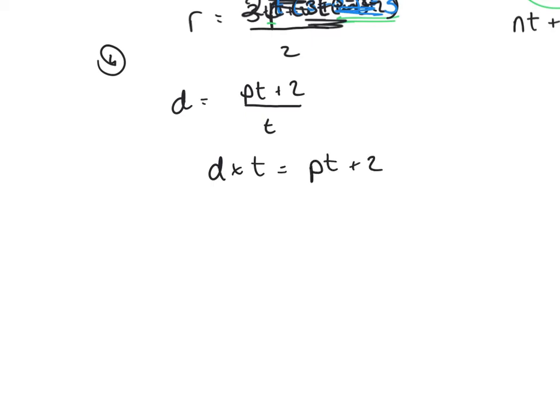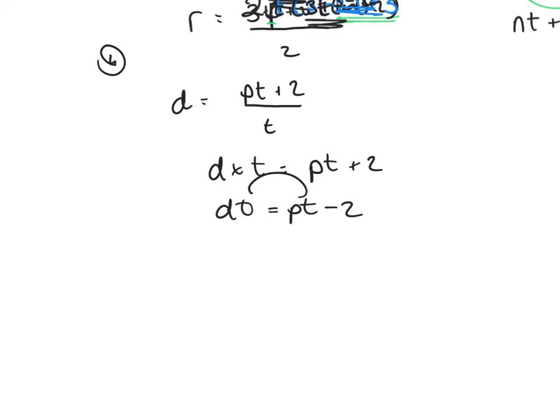Okay, example 4, d equals pt plus 2 all over t. Let's eliminate divide by t by multiplying by t, so that will be d times t equals pt plus 2. So let's just shorten that up: dt equals pt minus 2. I'm now going to throw that across to that side so that I can factorise.